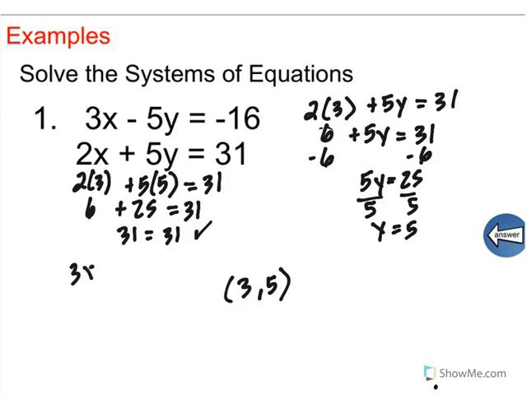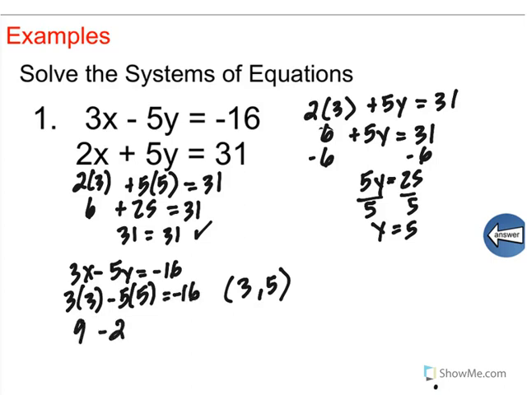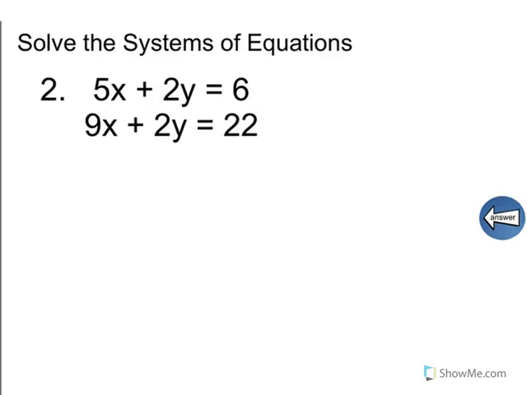I take the other one, 3x minus 5y equals -16. 3 times 3 minus 5 times 5, so 9 minus 25 equals negative 16. Negative 16 equals negative 16, so that also checks out. So I know that my solution here is (3, 5).